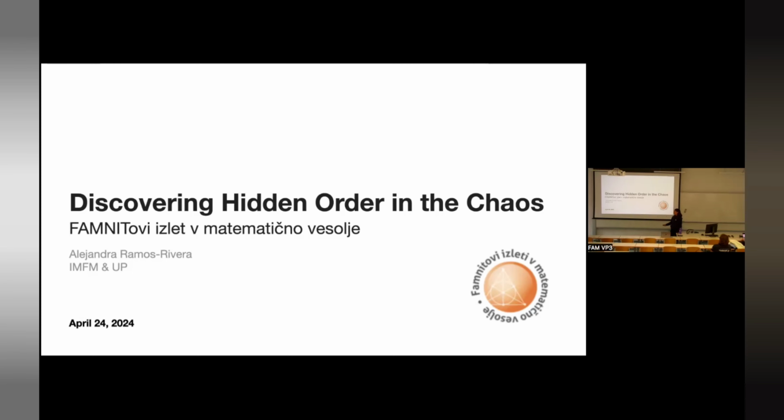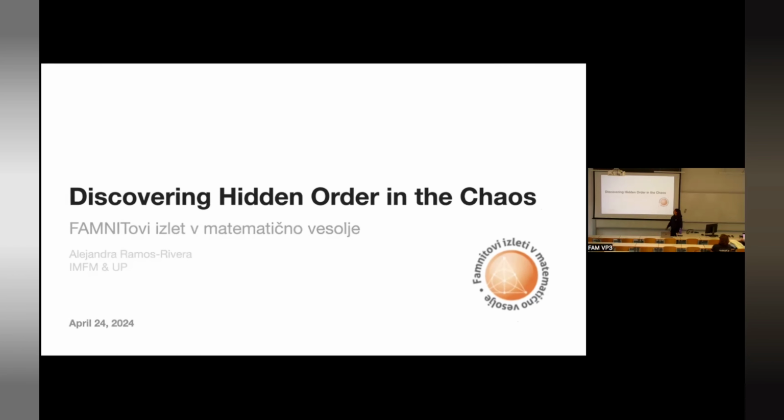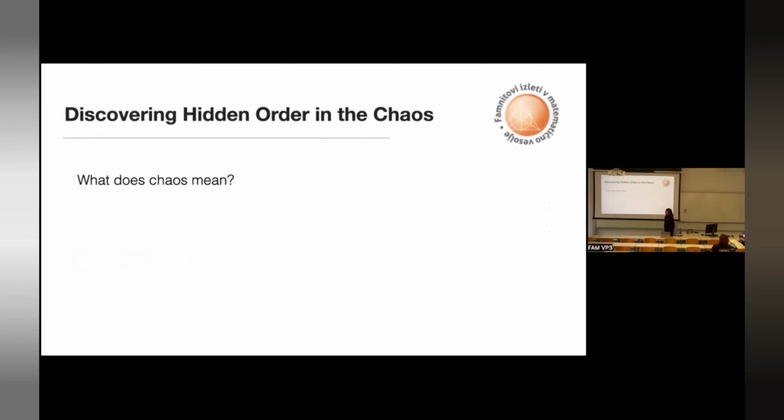Before I start with the examples, let's start with the question of what does chaos mean? We will talk about chaos and order, but where? Because it's not the same if I talk about chaos in my mind, in life, in the room. So we need to find what it means for us.